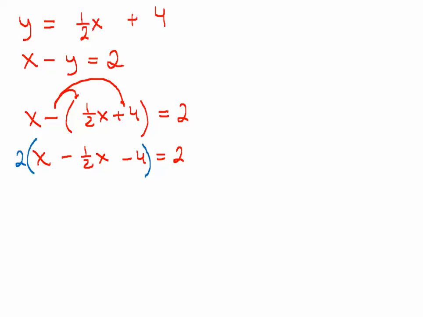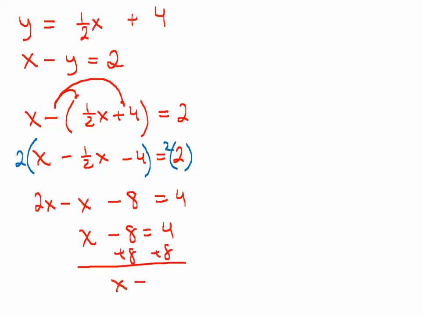So 2 times x is 2x, 2 times a negative 1/2 makes negative x, 2 times negative 4 is negative 8, and a 4 on the other side. Gathering the x's together on the left-hand side, 2 minus 1 is a 1, so you get x minus 8 is equal to 4. Let's add 8 to both sides. It gives us x equals 12.